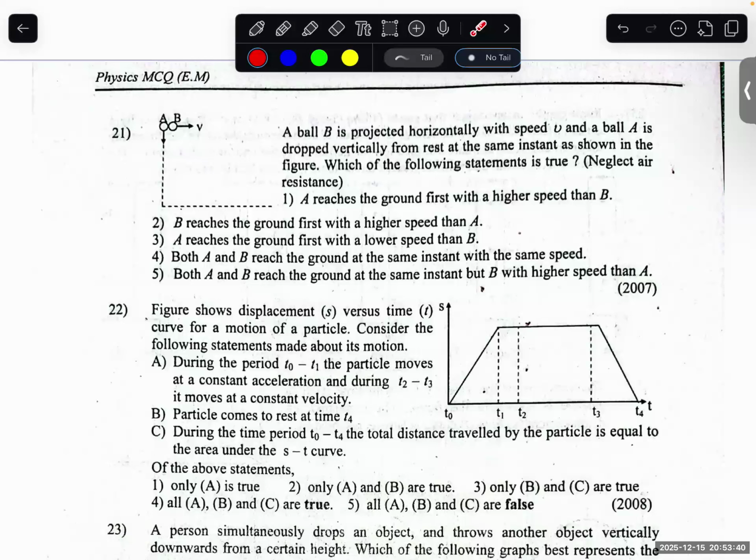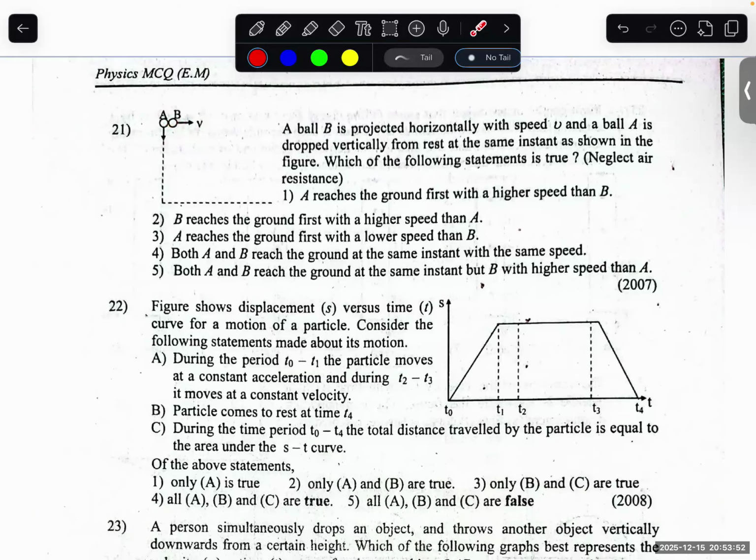Now they're asking which one reaches the ground first and which one will have the higher speed. When they say speed, you don't consider the direction. Actually, they will have opposite directions. If you say velocity, you can't compare two velocities that are in different directions. That's why they say speed. They're focusing only on the magnitude, not the direction.